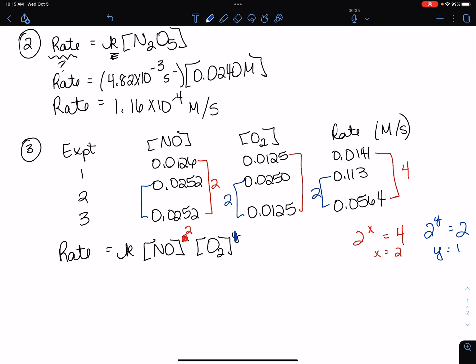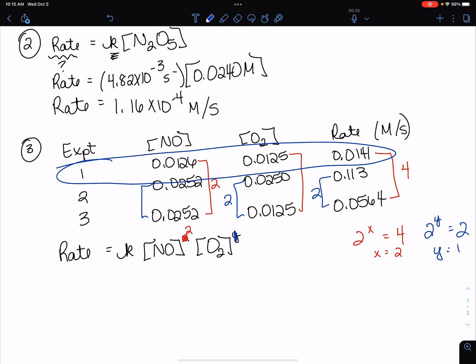Okay, so that answers the first question, write the rate law. The next one is calculate the rate constant. So what I do is I just pick an experiment. I'm going to pick experiment 1, and I just plug in the information. The rate is 0.0141 molarity per second. I'm solving for K. My concentration of NO is 0.0126 molar.